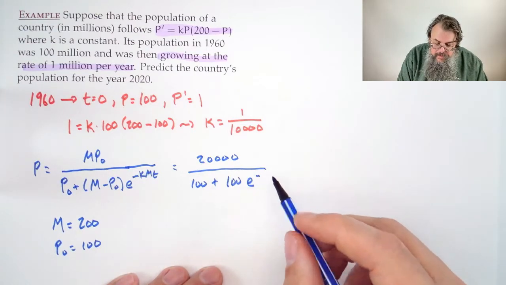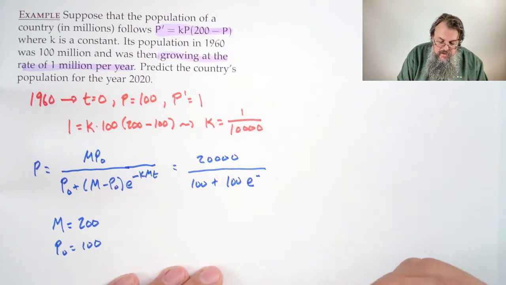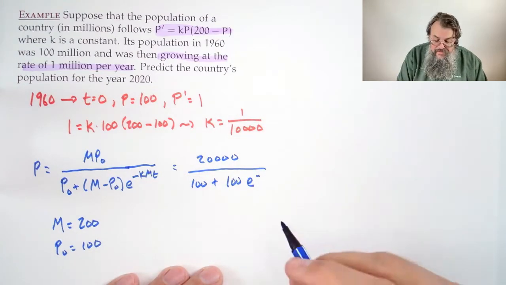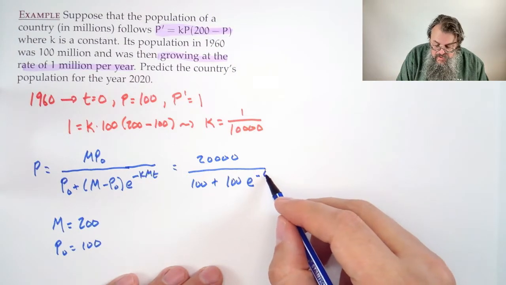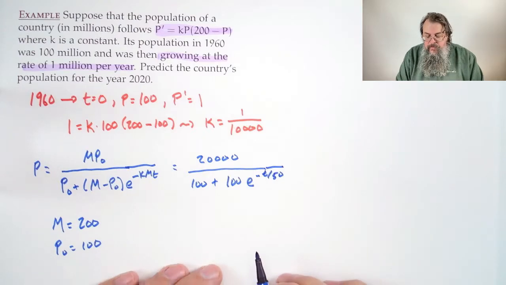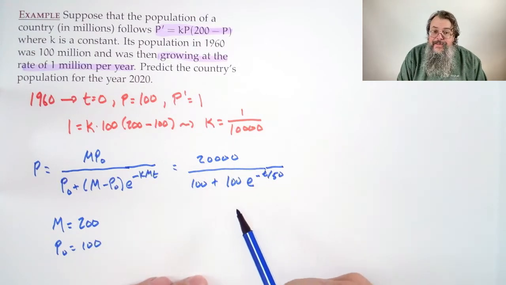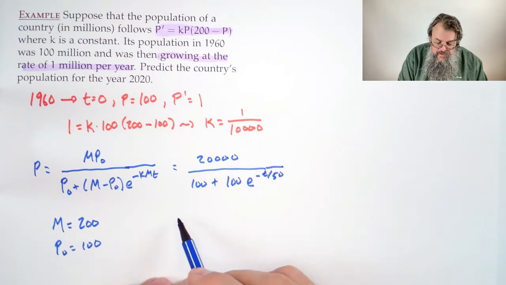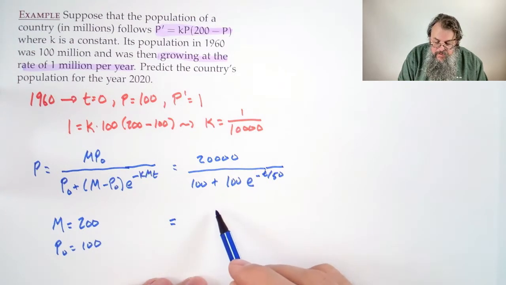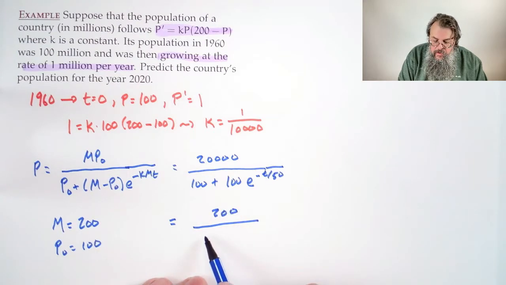You can simplify that: cancel a 0, 2 over 100 is the same as 1 over 50. So this becomes t over 50. All right, pull out 100 downstairs, divide into upstairs, and we get that P of t is 200 divided by 1 plus e to the minus t over 50.